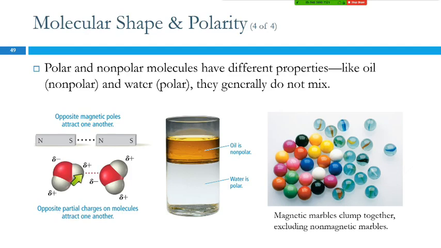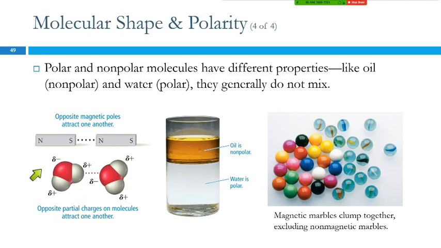So we've got a partial positive charge here and a partial negative charge here. In a way, it's similar to what happens with ions, except this is only a partial charge. So even in a very strong molecule, that might be 1/10 of a positive charge and 1/10 of a negative charge. It's small. It's not like a +1, -1. And so this attraction is much weaker than an ionic bond, and yet it's significant.